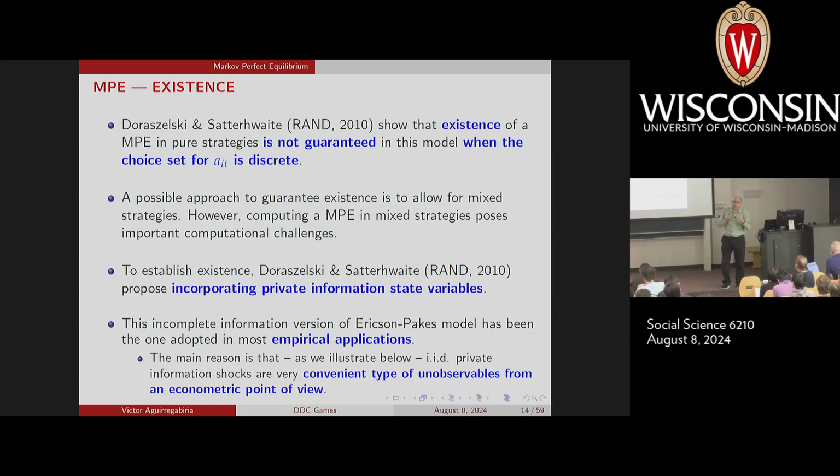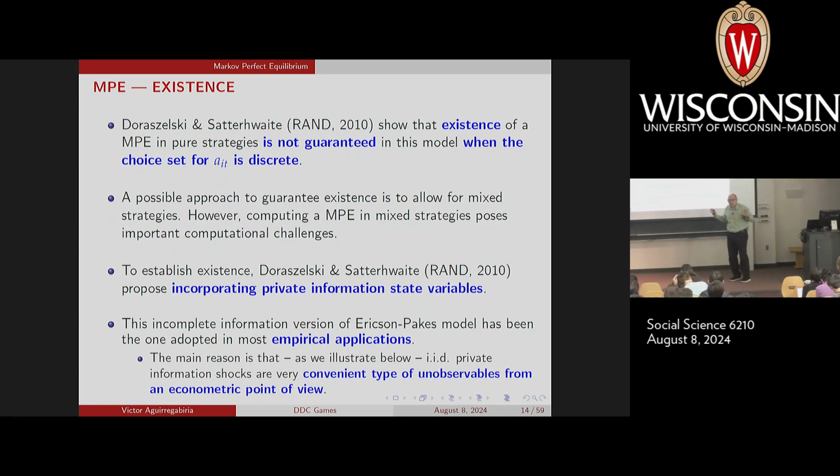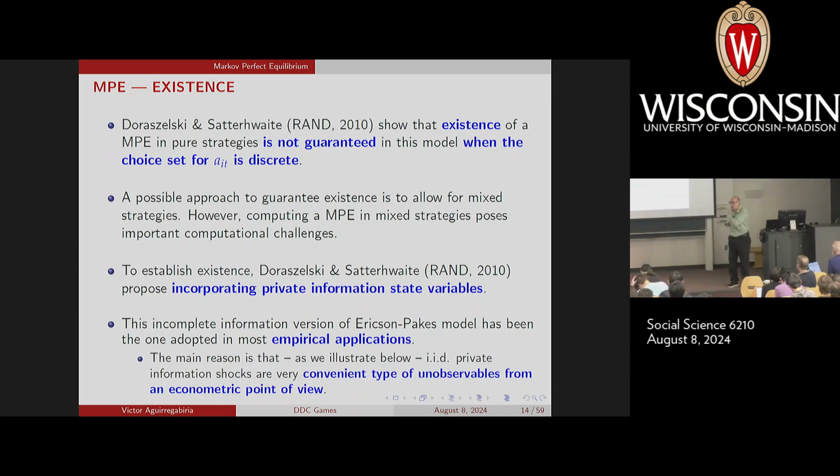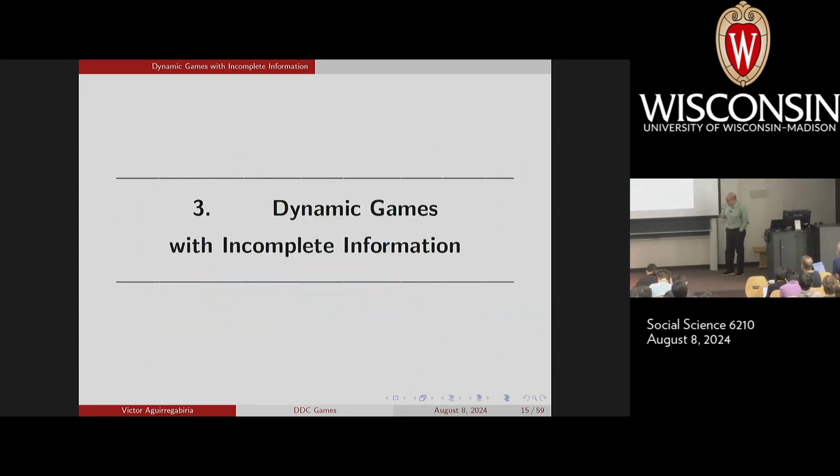And from an econometric point of view, there is no correlation between the actions of the competitors and the unobservable in my best response function, okay? And these are very convenient, not necessarily realistic, but very convenient types of econometric errors. And all these models typically have this error. Of course, most of the applications incorporate other types of unobserved heterogeneity that is richer, okay? But we always have this type of econometric error for equilibrium existence and for convenience in the econometric approach, okay?